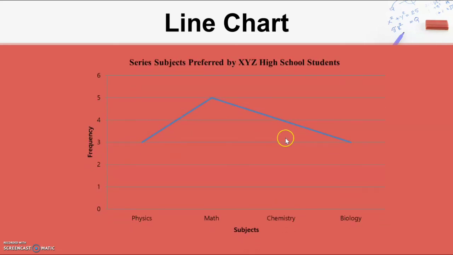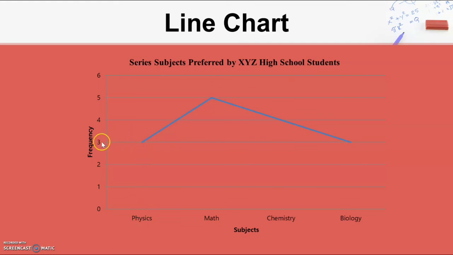Line chart. Because we have grouped the names of students with their preferred subject, the line diagram is drawn on a horizontal axis and a vertical axis that are perpendicular and interconnected. The horizontal axis represents the name of the subject: physics, math, chemistry, and biology, and the vertical axis indicates how many students like it or how often it is.